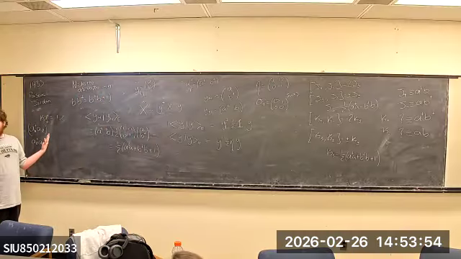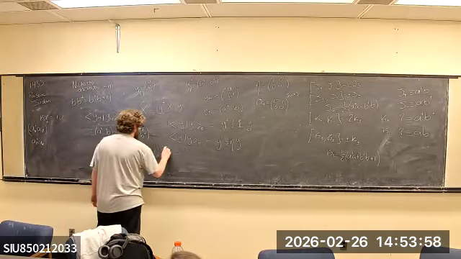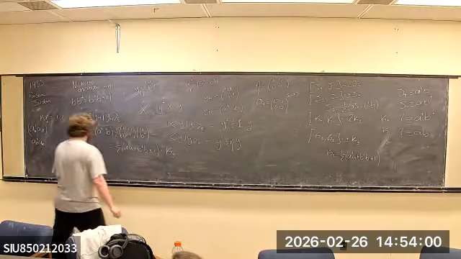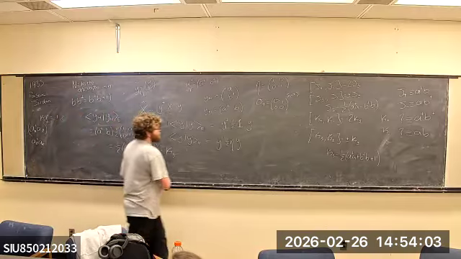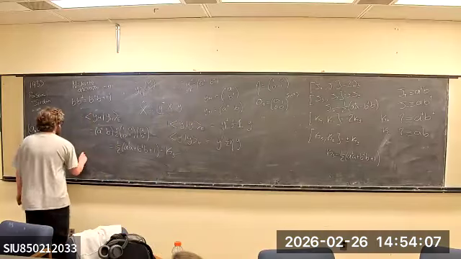That comes from the commutation relation that I just conveniently erased. So this is K3.